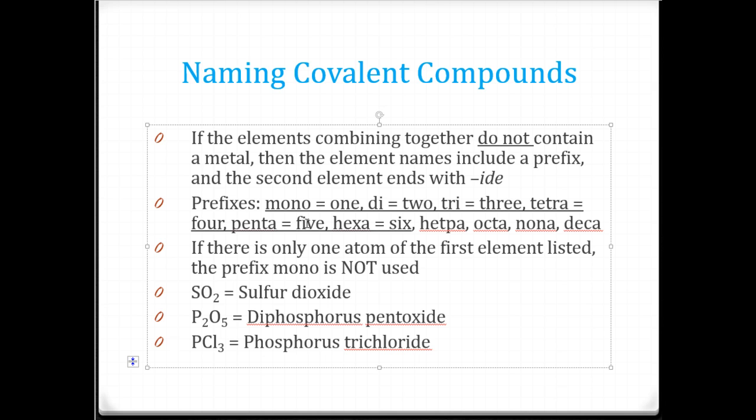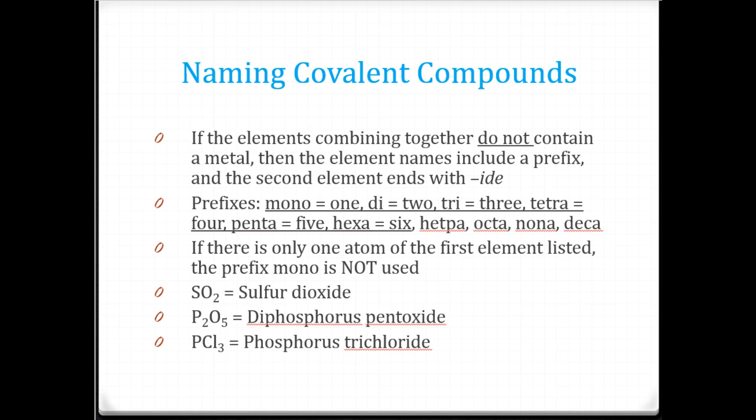The reason we have to use prefixes with covalent is that you don't know how many you have, unlike ionic. With ionic, it was very simple: you have this charge and this charge, and you need to cancel it to become neutral, so you can easily figure out how many you need.